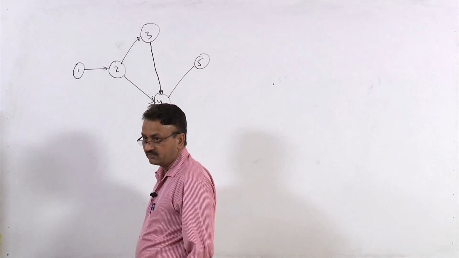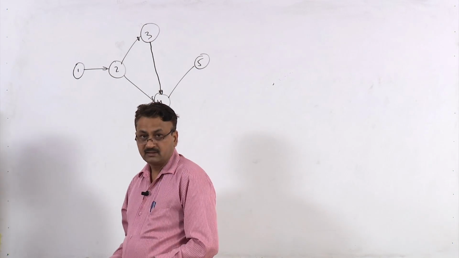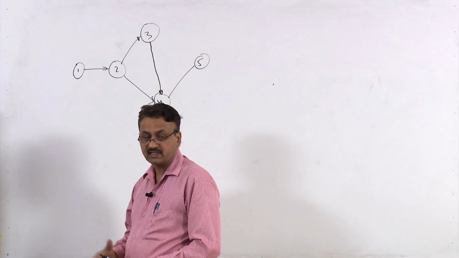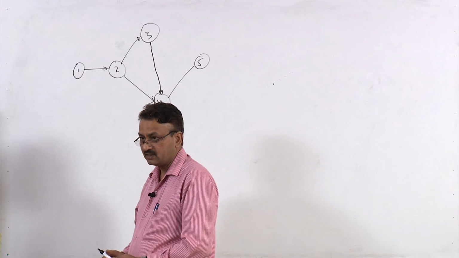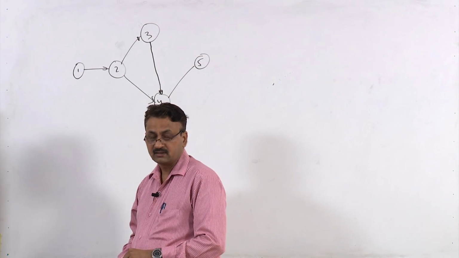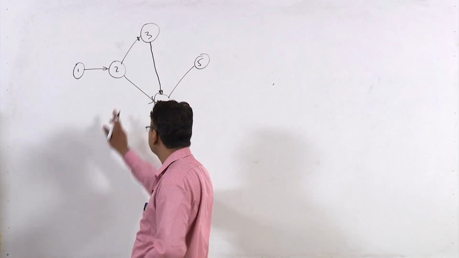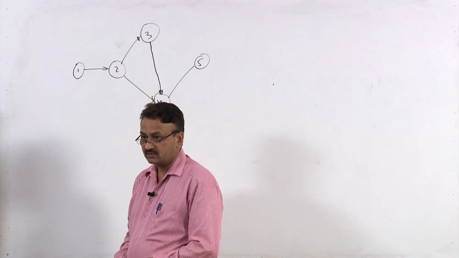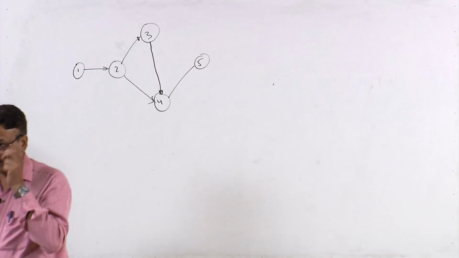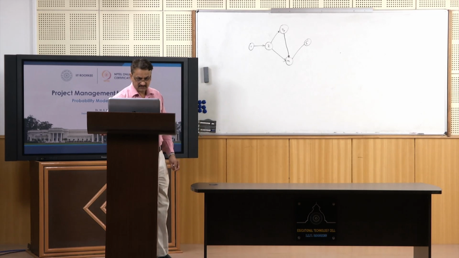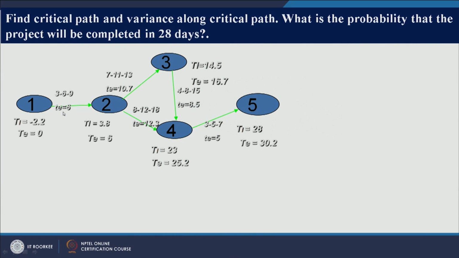And you have also been given different time estimates. So this is basically a PERT network. You have been given 3 time estimates for each of these activities. Rather than writing all these 3 time estimates, let me write just the expected time, which has been calculated using the formula (Tp plus 4 times Tm plus To) divided by 6.